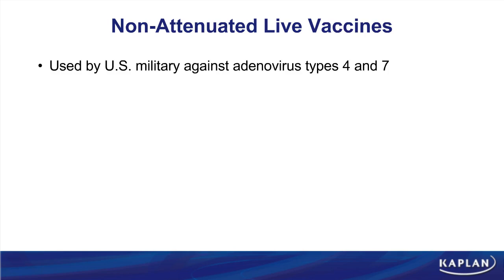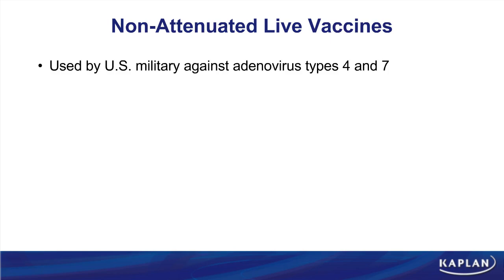So they use this sort of vaccine against adenovirus serotypes that are very common in causing adenovirus pneumonia or acute respiratory disease in military. So it's a very common thing for recruits when they're in basic training to get adenoviral pneumonia.